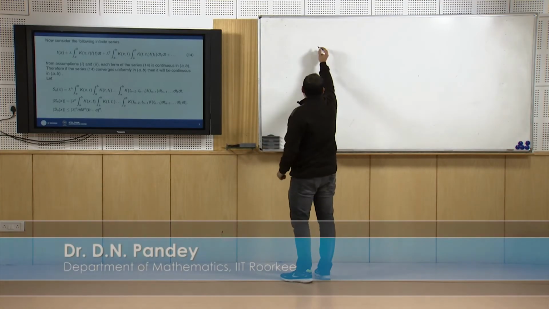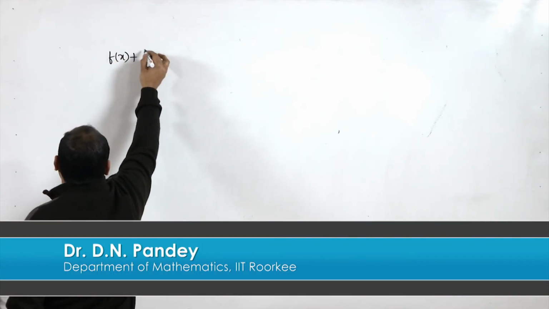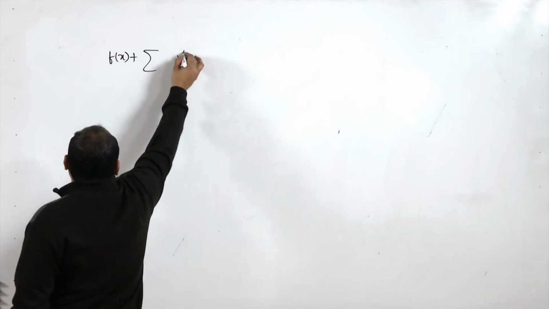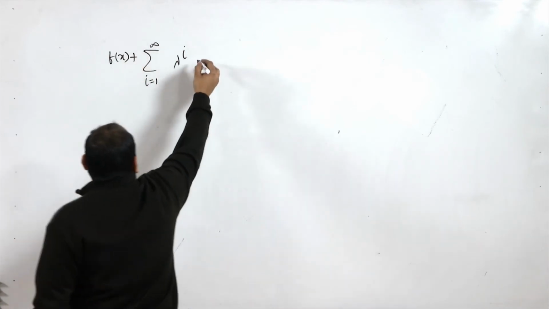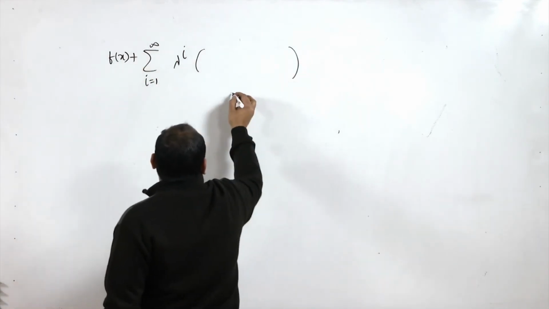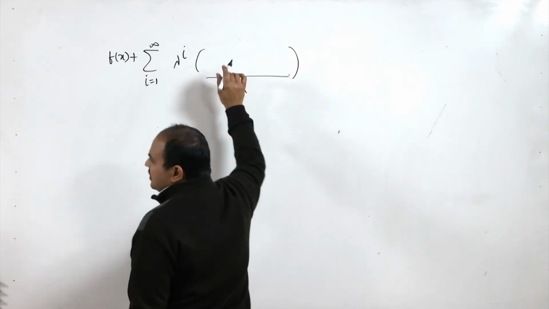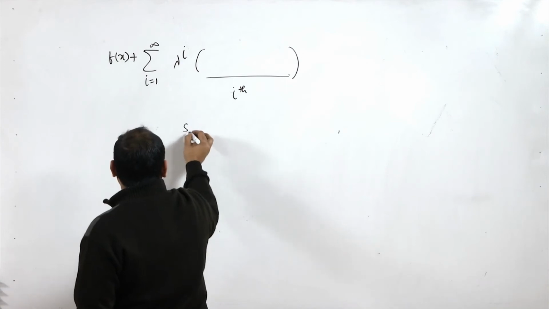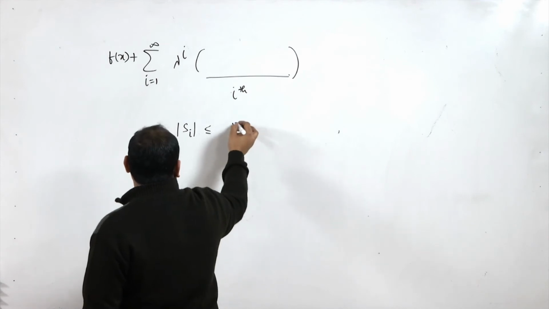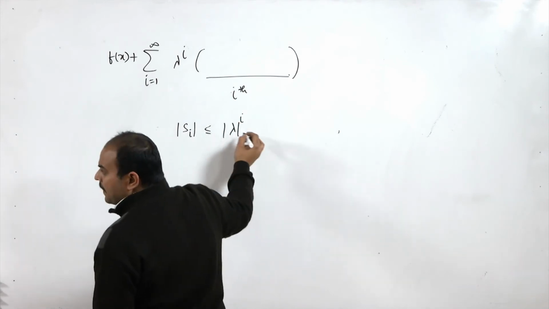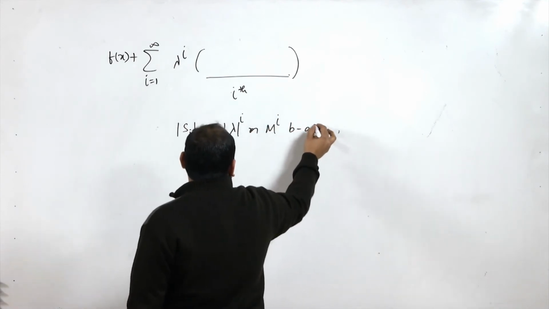I can say that your series is f of x plus the summation of lambda to the power i, i from 1 to infinity, and here we have the ith term, whose i-fold integration is given here, and we call this Si. This is bounded by what we just calculated: modulus of lambda to the power i, small m, capital M to the power i, b minus a to the power i.